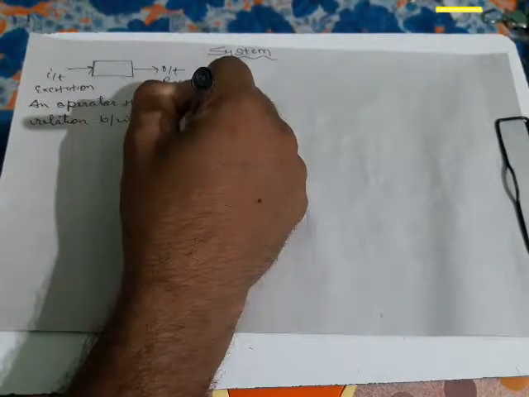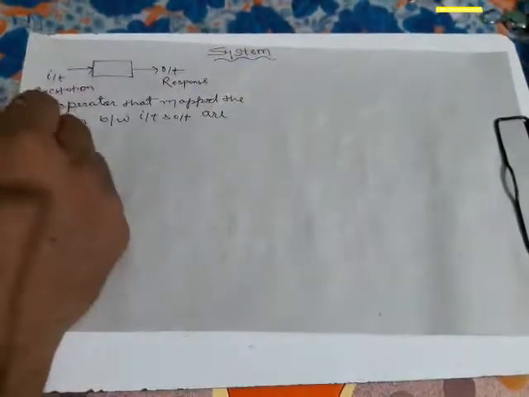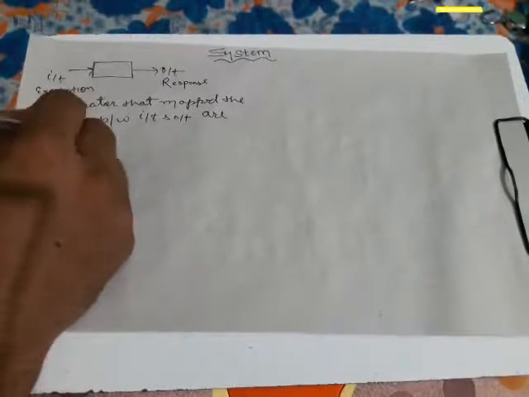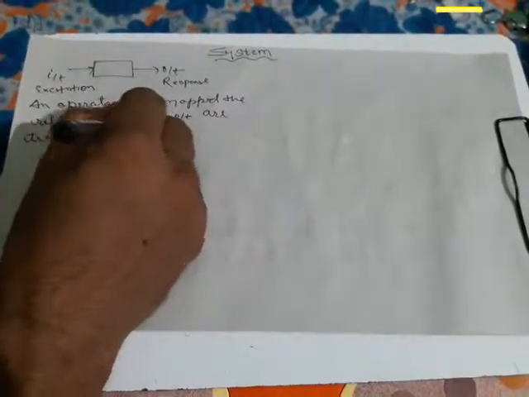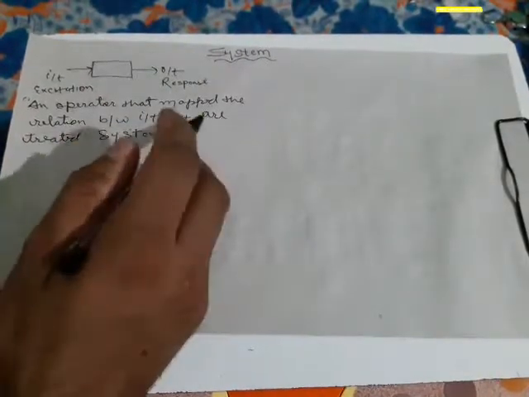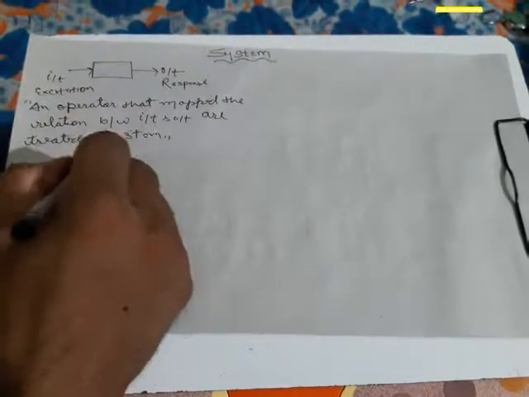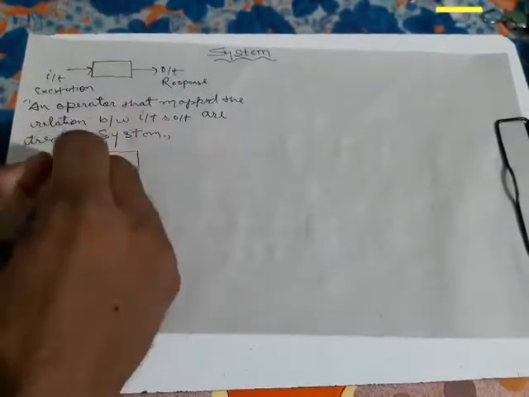So a system may be of various types. Here we are studying signals and systems. Mostly there are types of signal: discrete, digital, as well as continuous. For the time domain, let us suppose this is the continuous time signal, CTS.